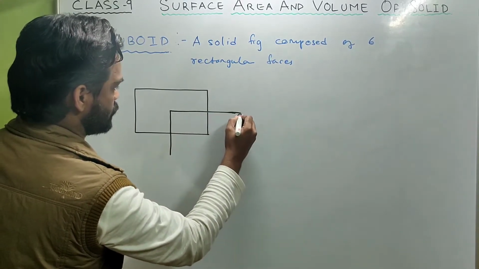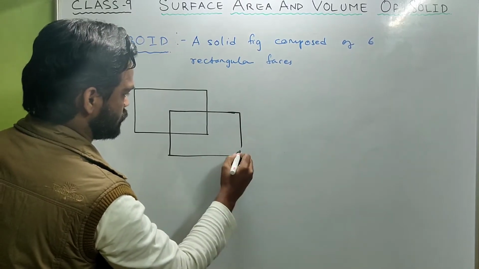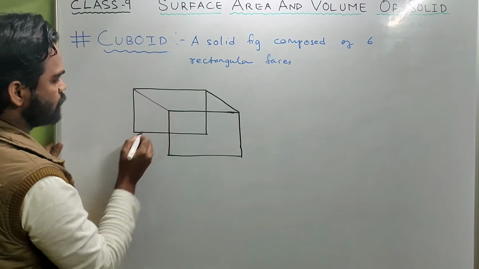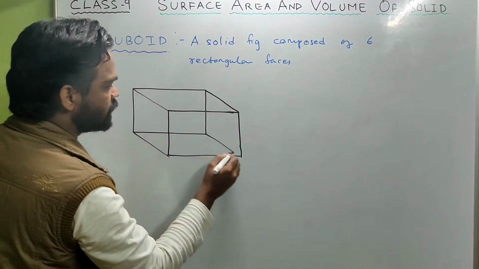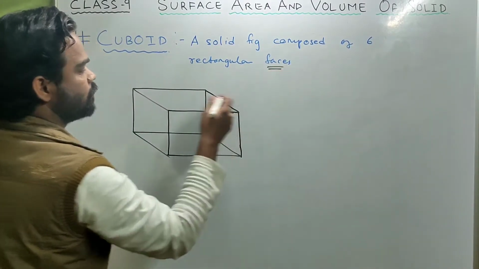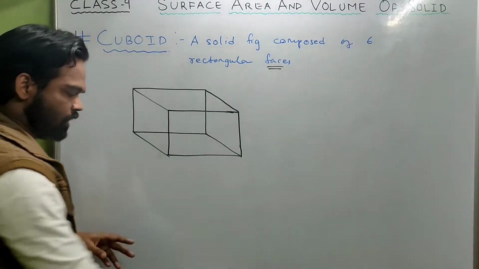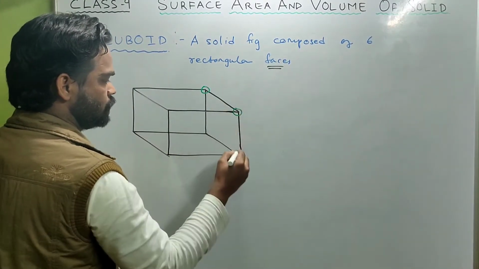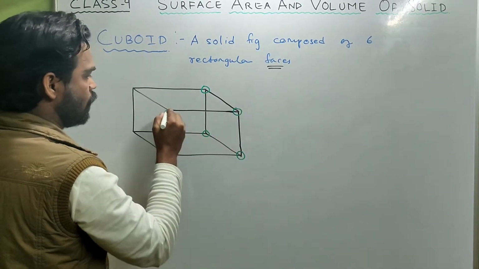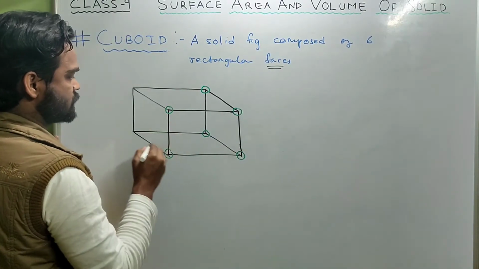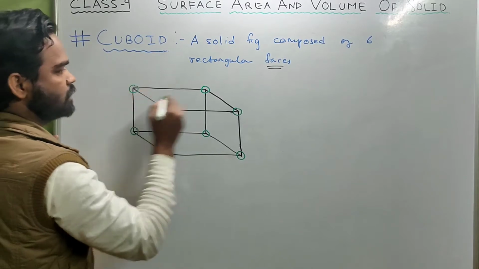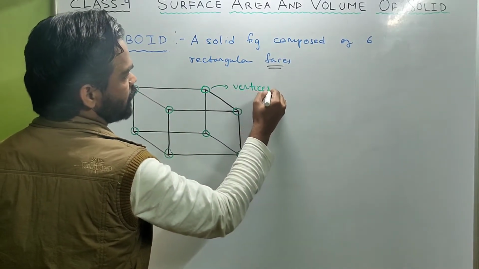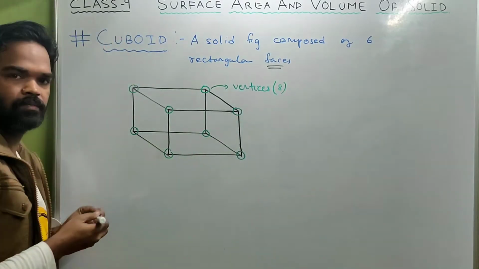Now, just look. If you look carefully, there are 6 faces of a cuboid. The corners 1, 2, 3, 4, 5, 6, 7, 8. These corners are known as vertices, and there are 8 of them.